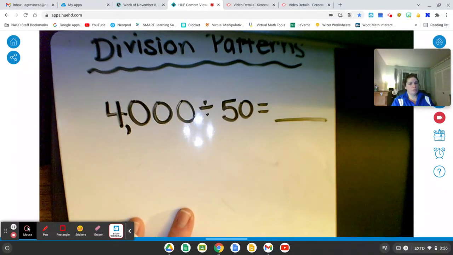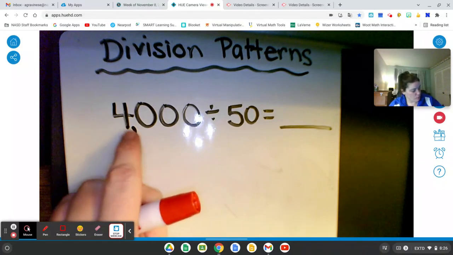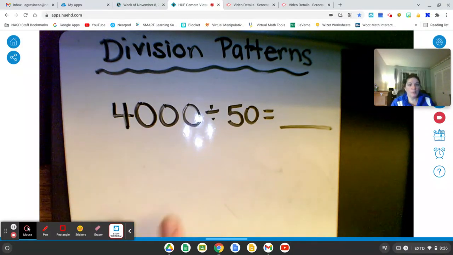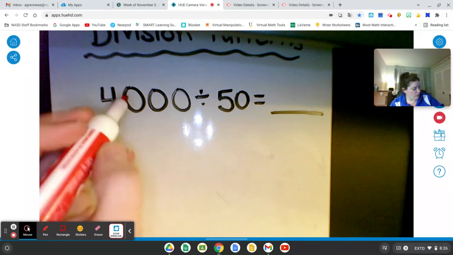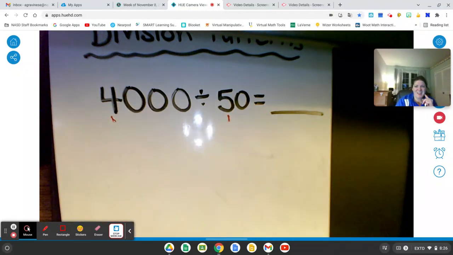Just be careful on this one. You can always erase that little comma if it bothers you. And you might say 4 divided by 5. I can't do 4 divided by 5. You can, it's just a decimal or fraction. But 4 divided by 5 is not one of those basic facts in our fact family.